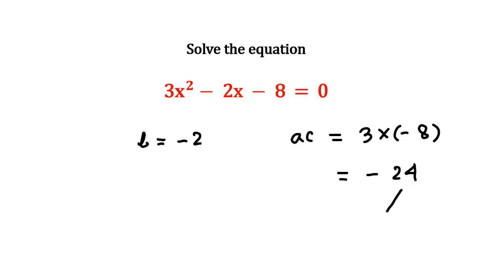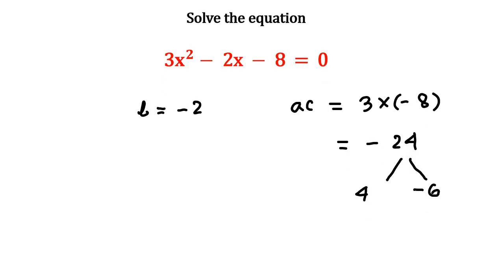We can choose two factors, 4 and minus 6, for minus 24, so that if we add these two factors, minus 6 plus 4, we get the value equal to b, or minus 2.